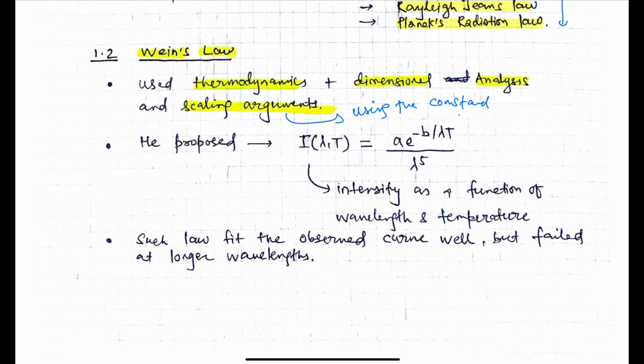So it is a kind of semi-empirical formula. What he proposed is that intensity as a function of wavelength is inversely proportional to lambda to the power 5, and directly proportional to exponential minus b divided by lambda T. And we know that this lambda is wavelength and this T is temperature.